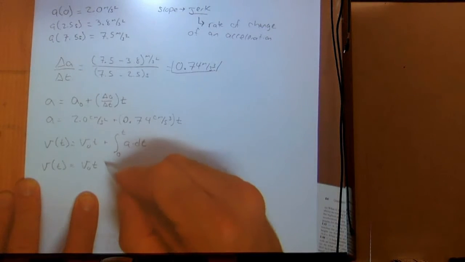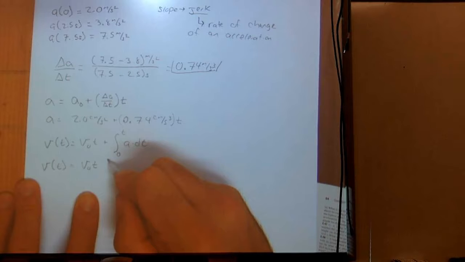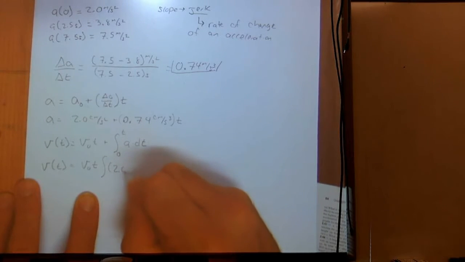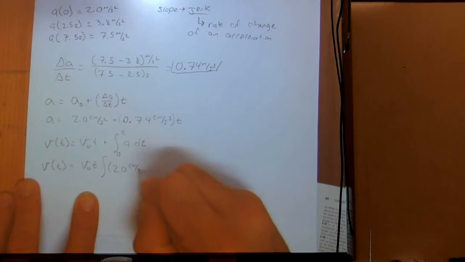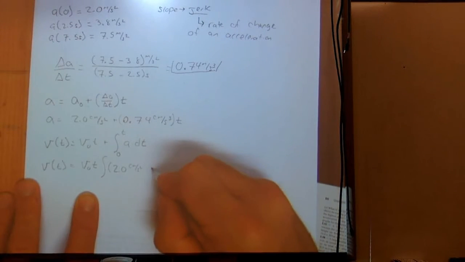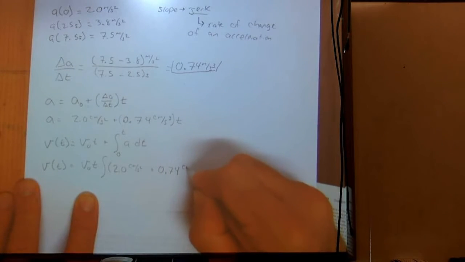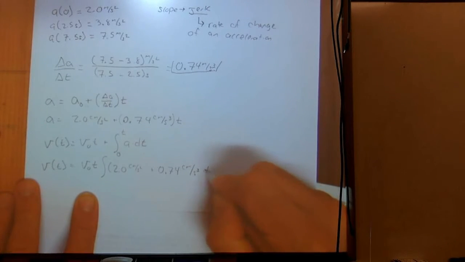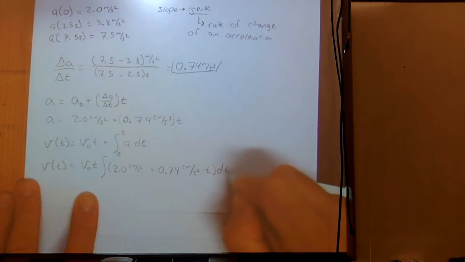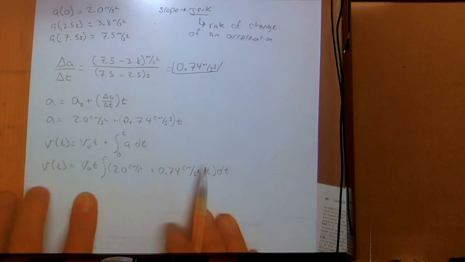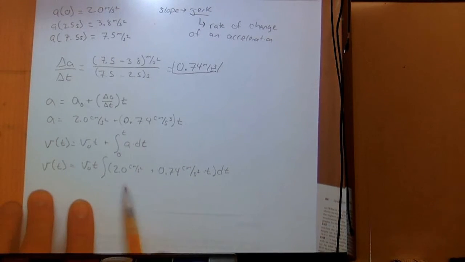A dt, that is the antiderivative of 2.0 centimeters per second squared, which is just some constant, plus 0.74 centimeters per second cubed times t, dt.